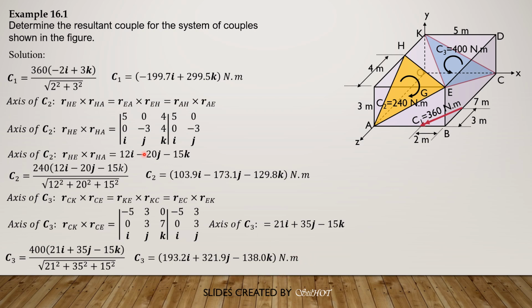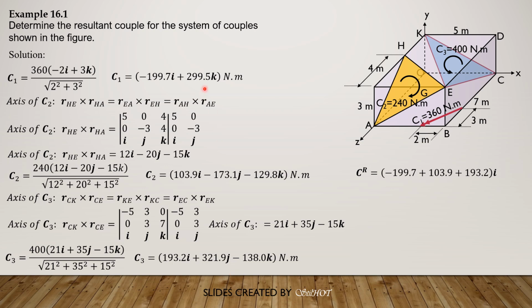So combining like terms, the resultant couple would be negative 199.7 plus 103.9 plus 193.2 for i. For j, 0, then negative 173.1, then plus 321.9.